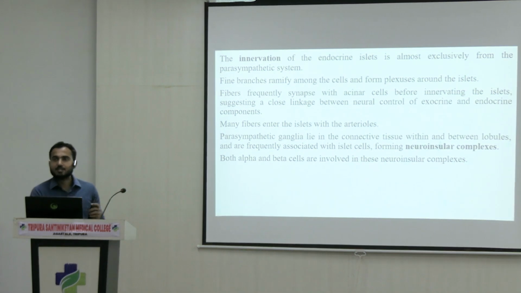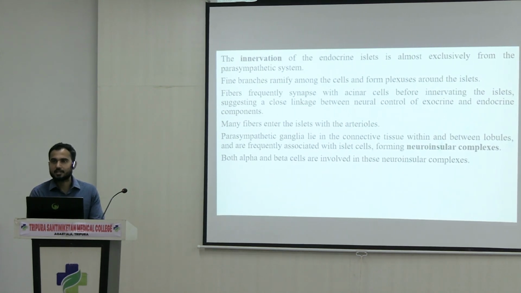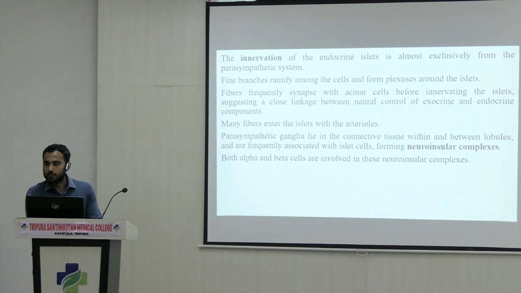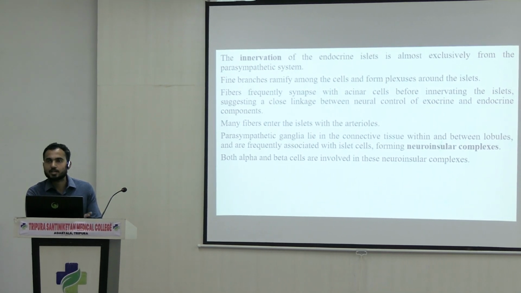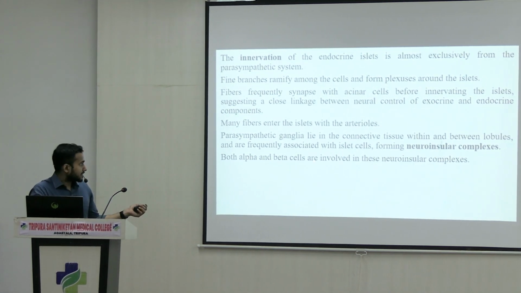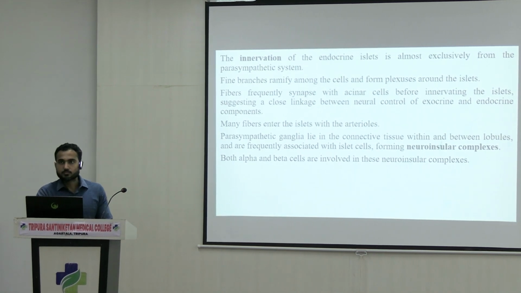Together, these nerve fibers, arterioles and connective tissue form a structure called the neuroinsular complex. Both the alpha and beta cells are involved in these neuroinsular complexes.